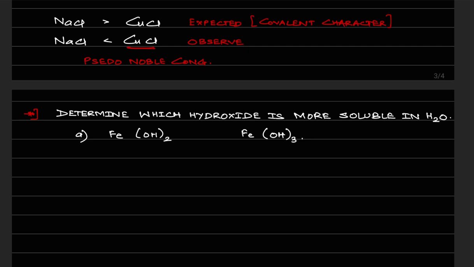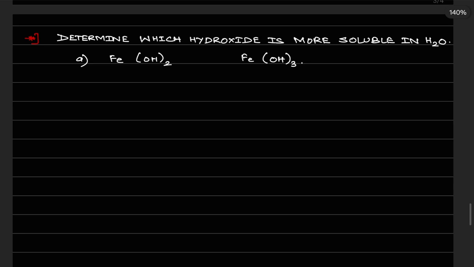So if you could tell me, you could pause the video and try doing it for yourself. I'll just discuss it quickly with you. Now if I talk about Fe(OH)3, we need to first decide upon the covalent character. So OH and OH both are common anions, common charges, common sizes.